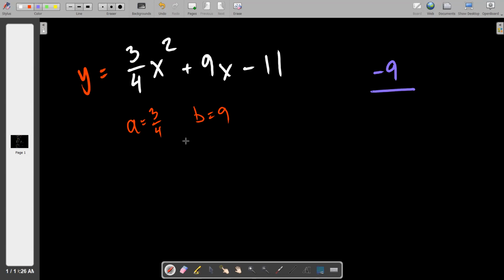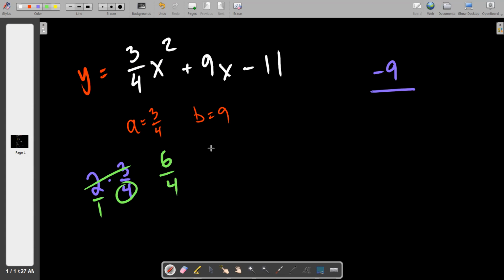I need to do 2 times 3/4. Some of you just look right at that and go, it's 3/2. So how do we attack it? It's up to you. Bryce probably multiplied the 2 and the 3 and got 6, and then put the 4 on the bottom because there's a 1 under the 2.